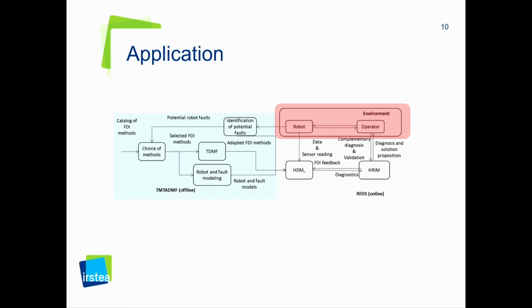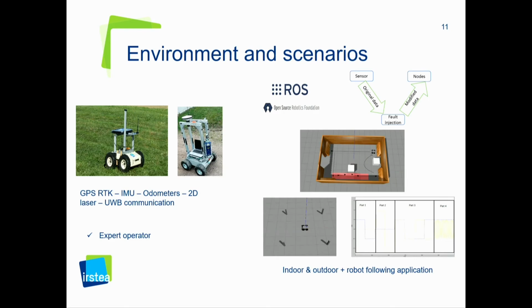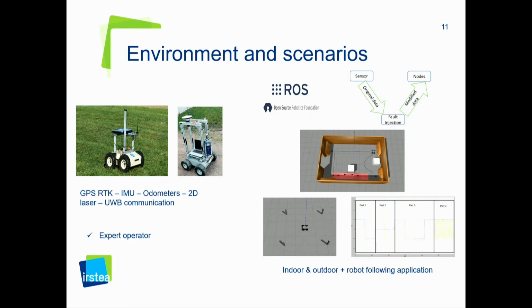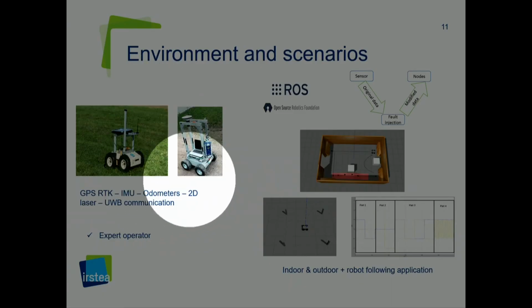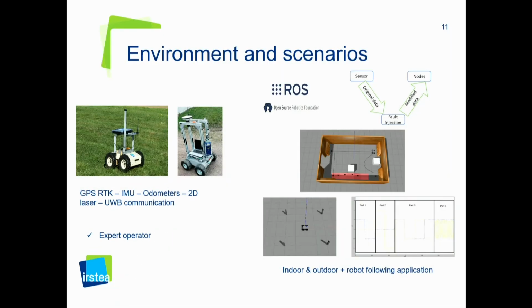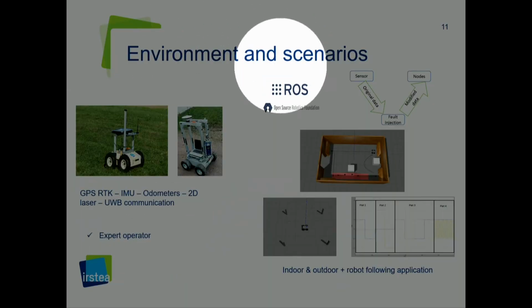So, moving on to the application. First of all, the environment of application. We used mainly these 2 robots, skid steering robots, equipped with many sensors. The operator is considered an expert, it's me and my colleague. We used ROS, as everyone.